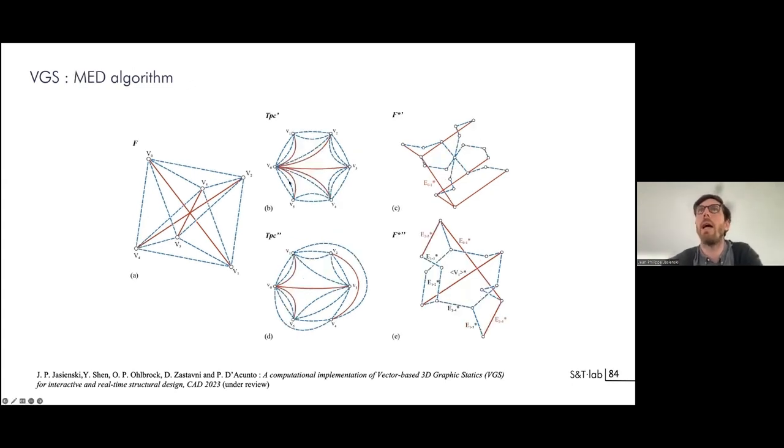And the MED algorithm works differently. It doesn't work by adding nodes, but by visiting the vertices. So for example, if there was one line going from V1 to V4, it will replace it by a line that travels to V4.